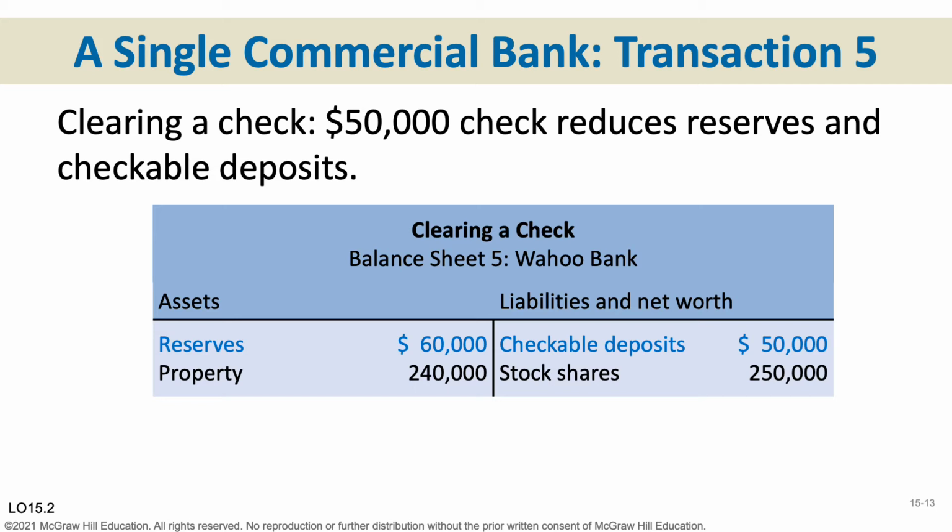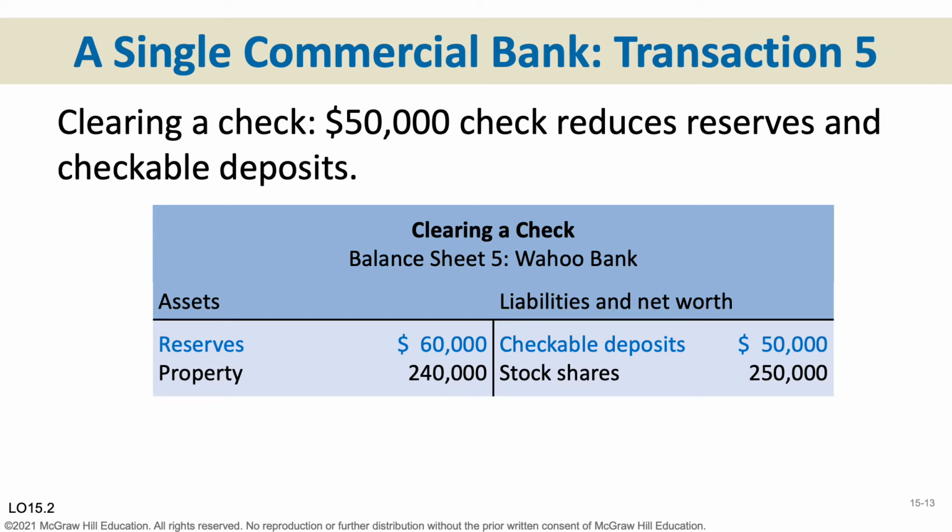Then that check gets processed through the Federal Reserve, and the Federal Reserve takes the $50,000 out of the Wahoo Bank and gives that $50,000 in reserves to the surprise bank. The last step then is that the Wahoo Bank subtracts the $50,000 from Clem's checking account at Wahoo. So the outcome, as you're looking at the slide, is that checkable deposits went down by $50,000 and reserves went down by $50,000.